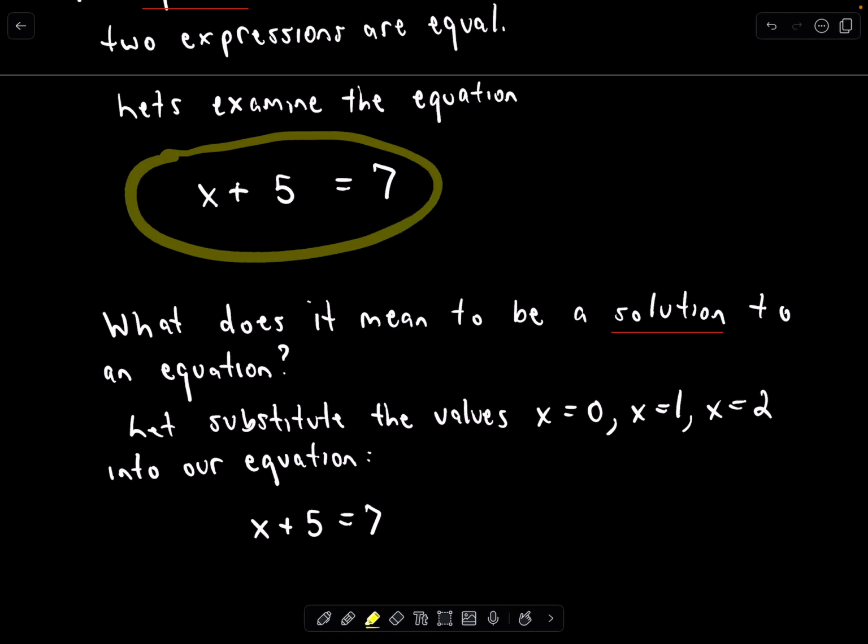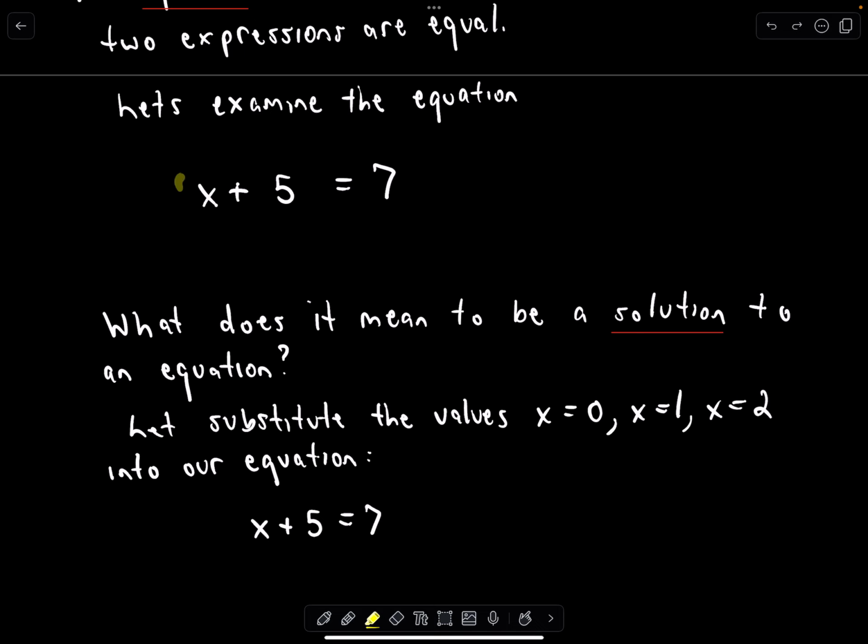Ultimately, we're trying to figure out what value of x. I want to replace x with some number, do all the arithmetic, and I want whatever happens on the left side to be equal to whatever happens on the right side. Notice here there's not a lot of arithmetic to do on the right side, but there could be. This could be a more complicated equation.